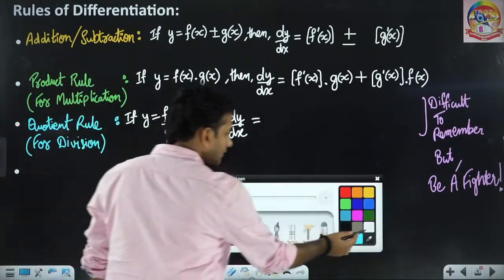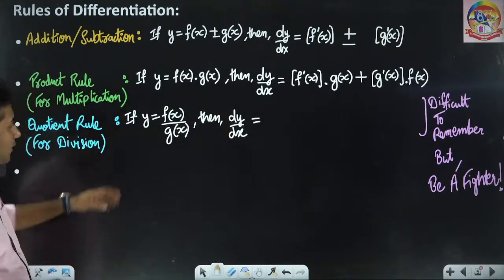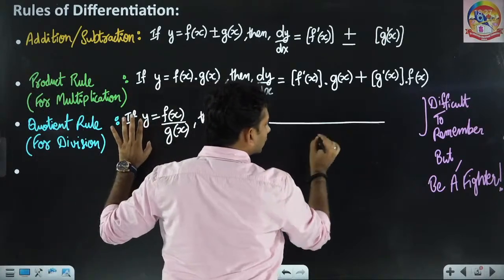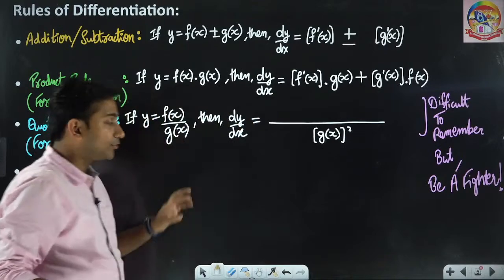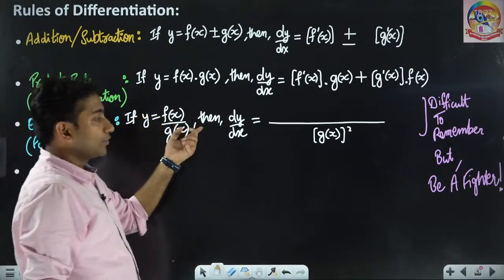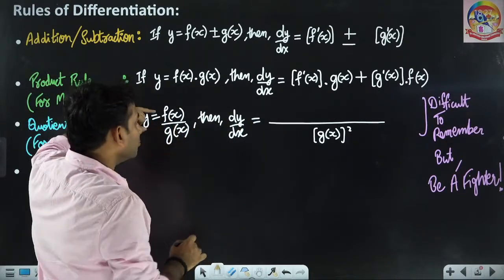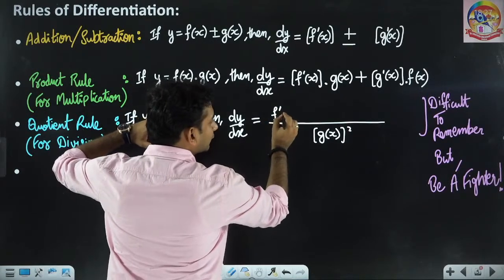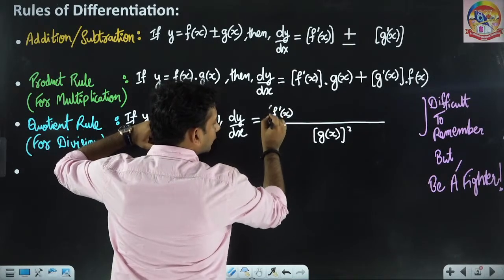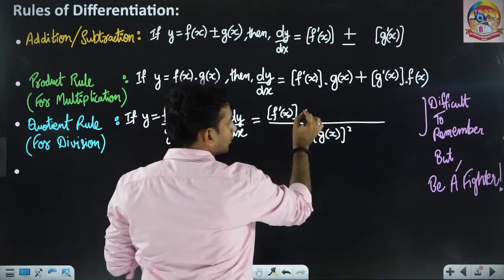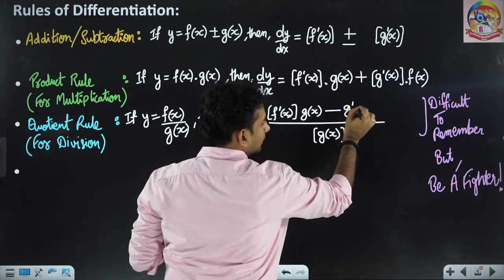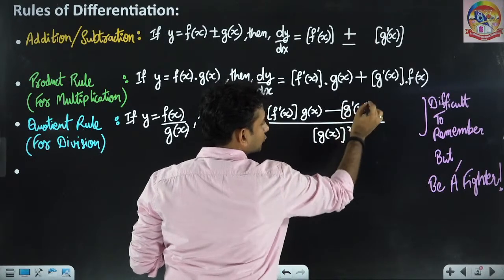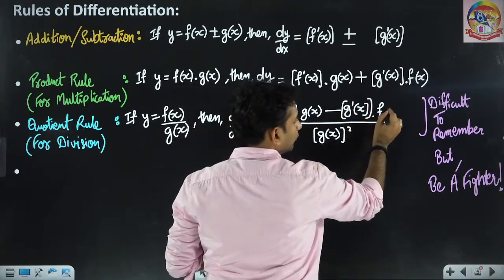It will be easy. See, dy by dx will be equal to, in the denominator, the denominator's square. No other change. In the numerator, the numerator's differentiation, f dash x, denominator as it is, minus the denominator's differentiation, g dash x, numerator as it is.